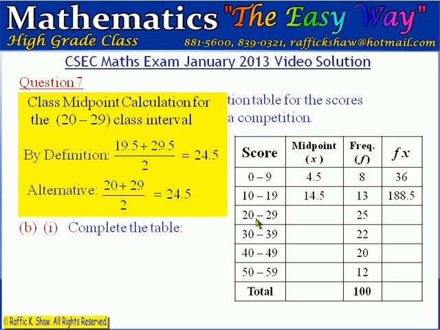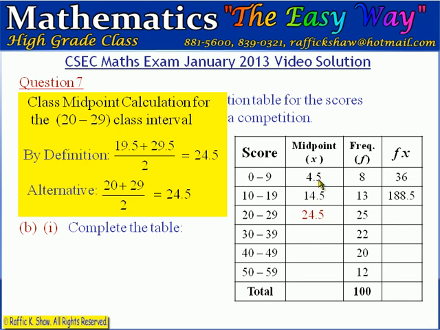The limit values in this group are 20 and 29. Lower limit is 20, upper limit is 29, and the midpoint will be halfway between these two limit values, and also halfway between the boundary values of 19.5 and 29.5. And so in any case, the midpoint for this group is 24.5.